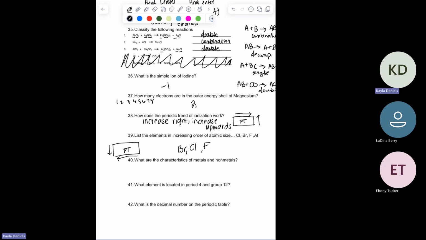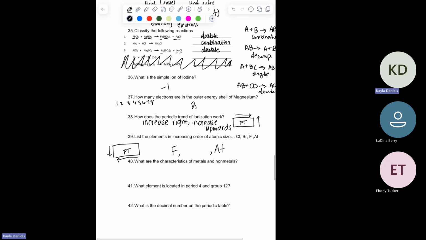Oh, I'm sorry, I'm listing this backwards. The biggest would be At. I've got to look at the periodic table, but I'm pretty sure fluorine's the smallest and At is the largest.